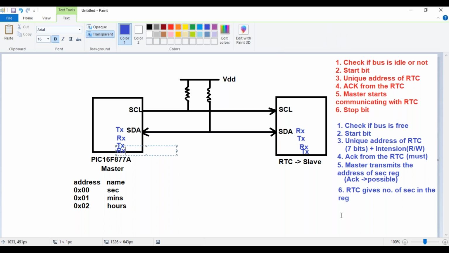Now after reading the number of seconds, again it is possible that your master gives an acknowledgement. But that is not compulsory. You may think, I am the master, why should I give the acknowledgement? Once I'm done reading, I'm done.